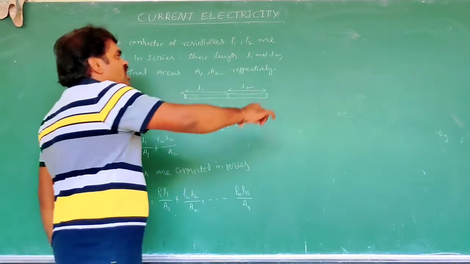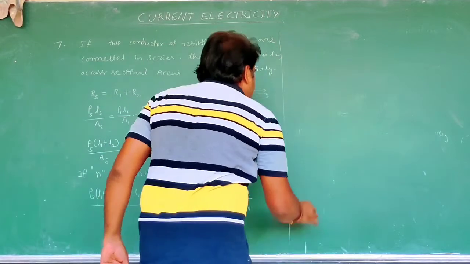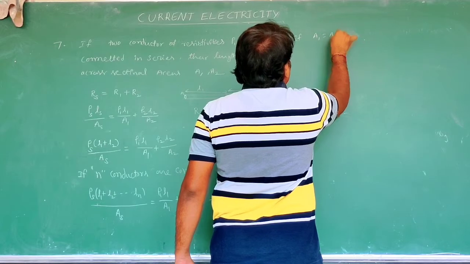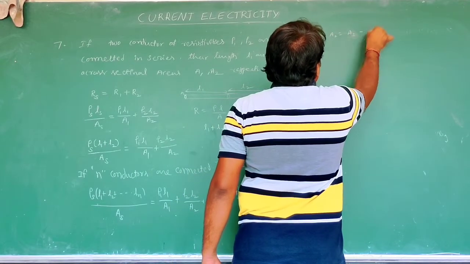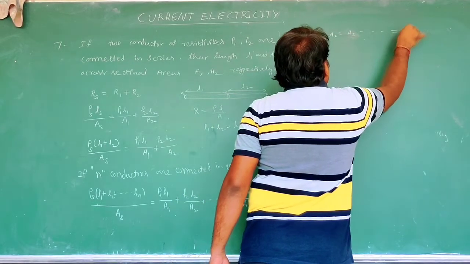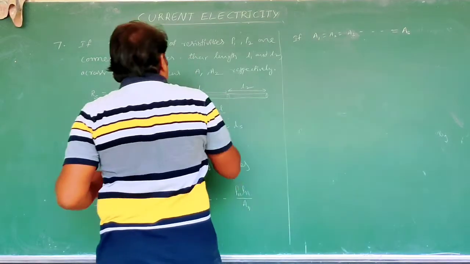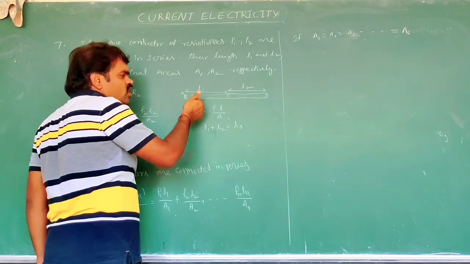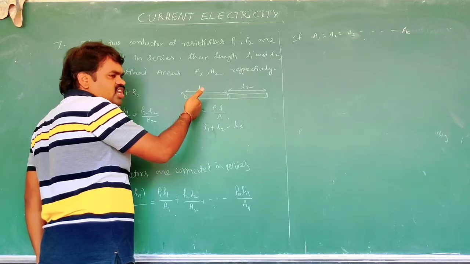If the cross sectional area of the conductors is the same, if the cross sectional area A1 is equal to A2 is equal to A3 is equal to dash, this must be equal to the cross sectional area As in the series combination. The cross sectional area is not changing because it's not increasing.